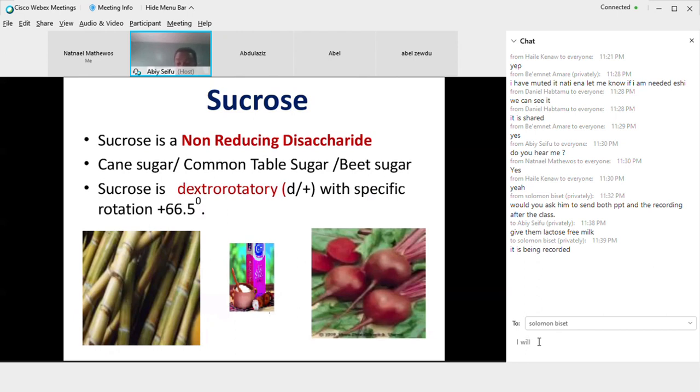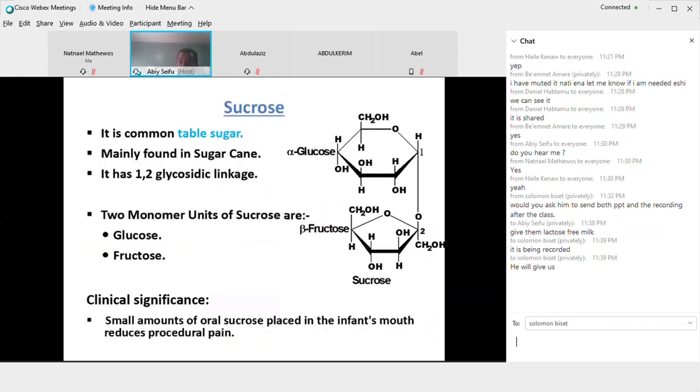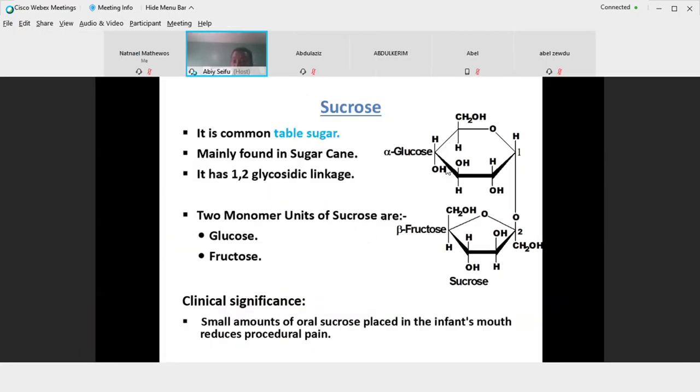When it is placed in plane polarized light, it will move the plane of polarization to the right. Sucrose is named table sugar and is mainly found in sugar cane. It is formed when the alpha 1 OH of glucose reacts with the second carbon OH of fructose.